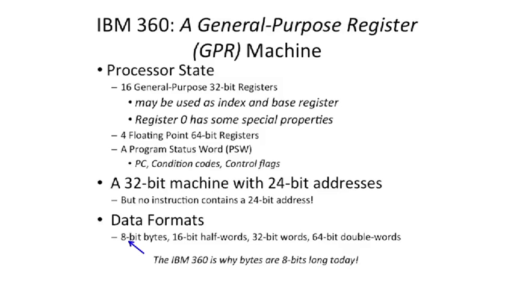Because before that, we had lots of different choices. There were binary coded decimal systems where you would encode a number between 0 and 9 for each digit. This is sometimes good for spreadsheet calculations or business calculations where you want to be very precise on your rounding to the penny.